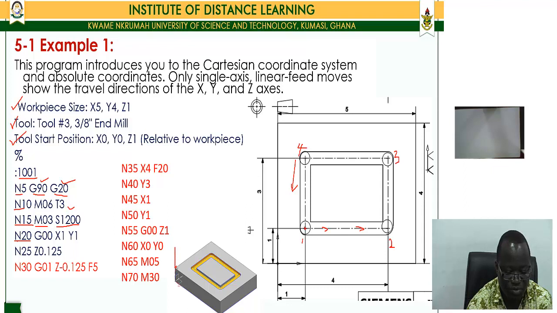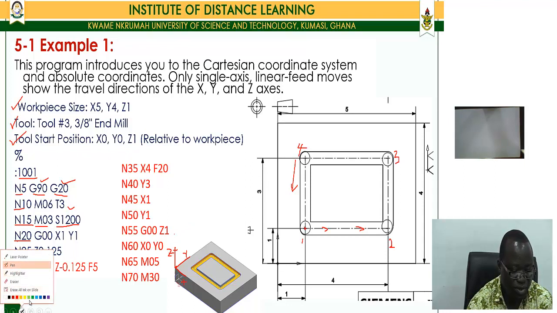So I'm just going to show you how we will set that. So the XY coordinate position will be set on top of the workpiece like that. Okay, so this will be X, this will be Y, this will be Z. Okay, so the Z equals 1 is just 1 unit above the workpiece.